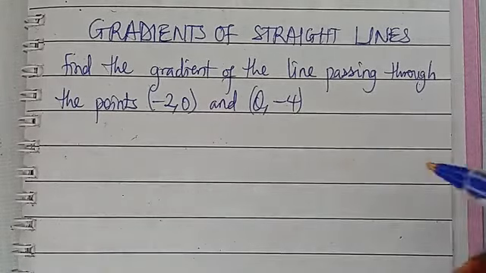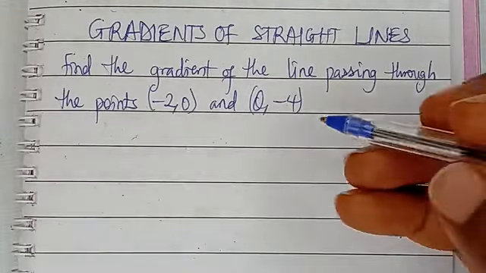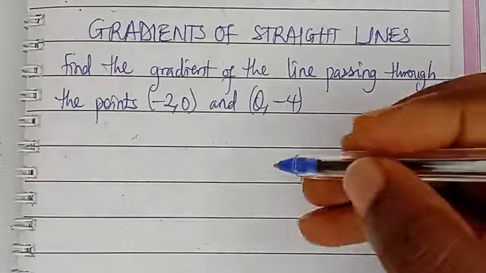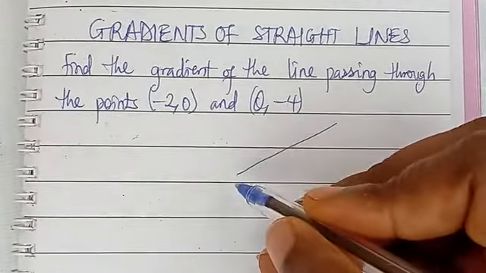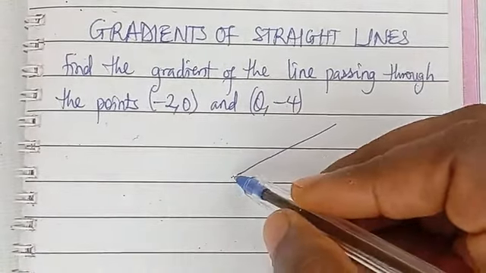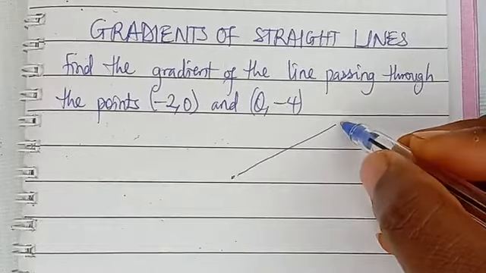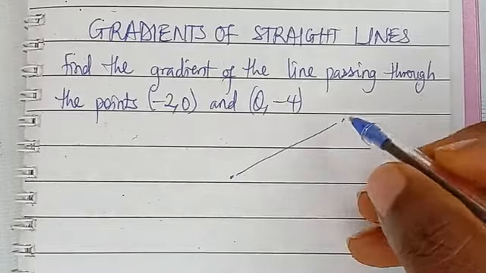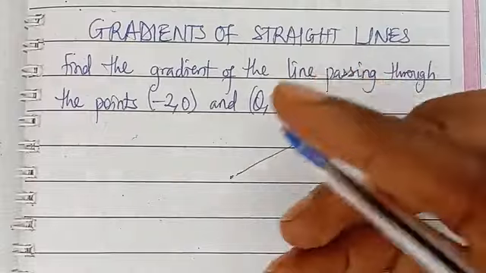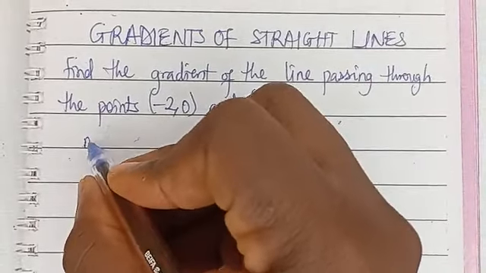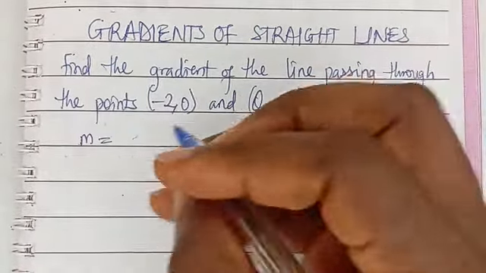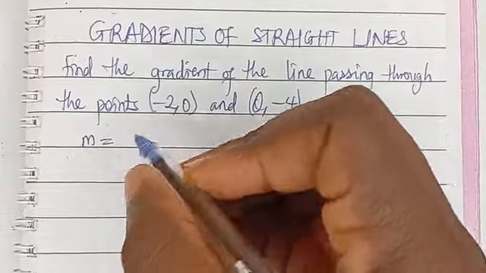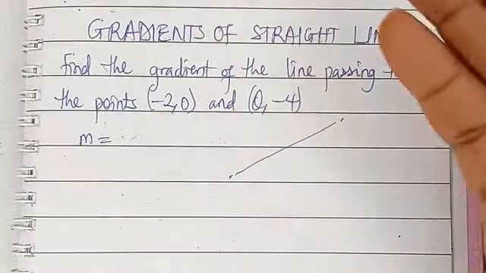So, first of all, what is a gradient? We also call it a slope. So when we have this line, and let's say this point is here, and then this point is here, the gradient of this line or this slope is usually denoted by the small letter m, and it is equal to the increase in y over the increase in x.